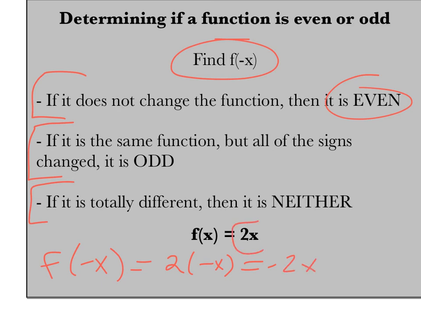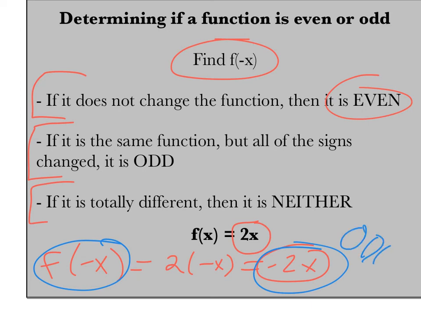Do you notice how this is the negative version of the original function? F of x is 2x, f of negative x is negative 2x. By making the x value negative, we made the y value negative. When that happens, this is an odd function. Same function, but all the signs changed, which was only one sign.